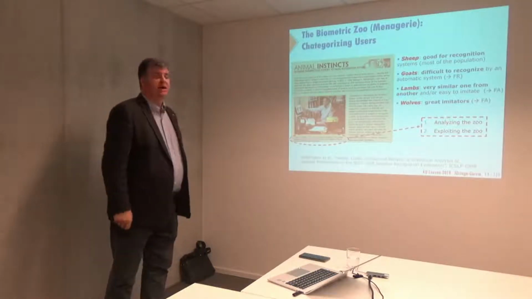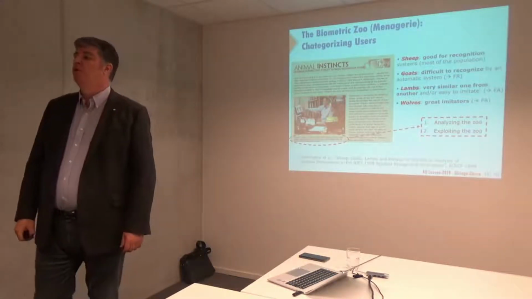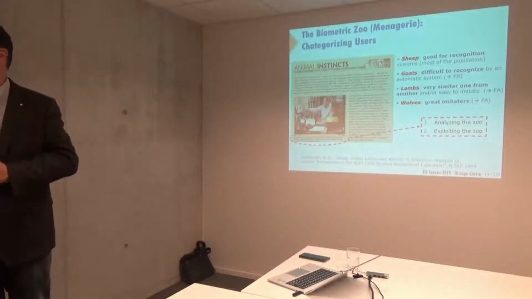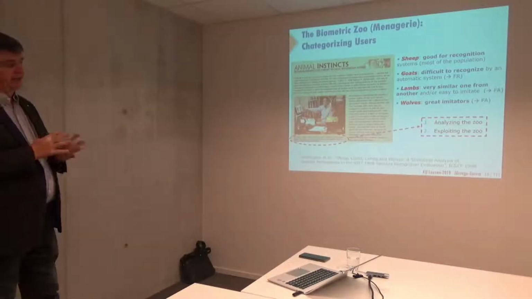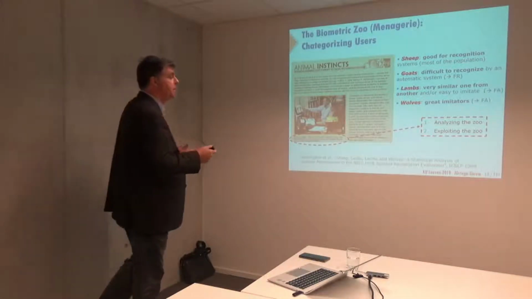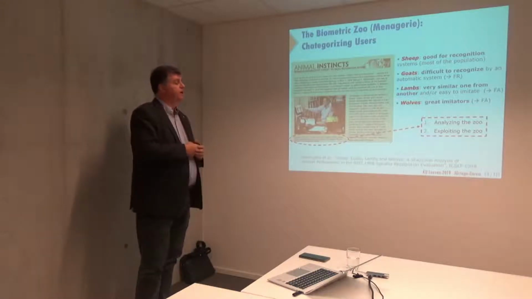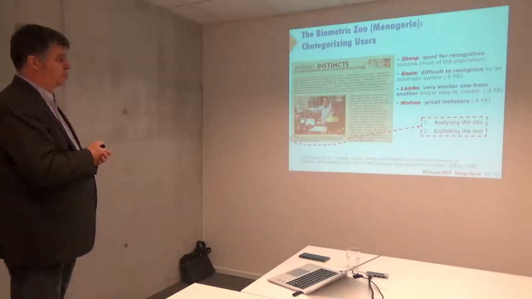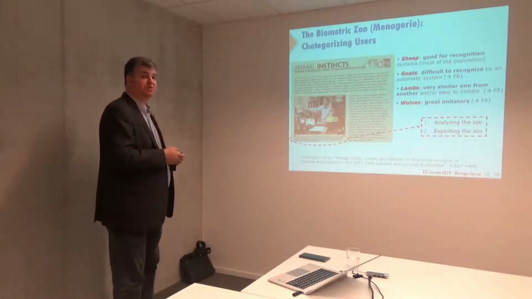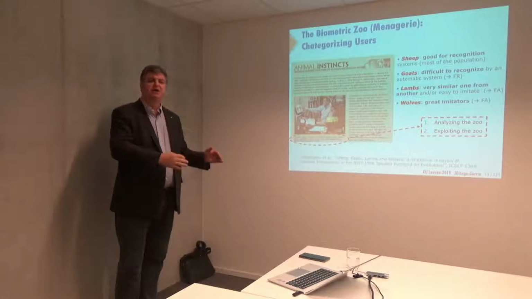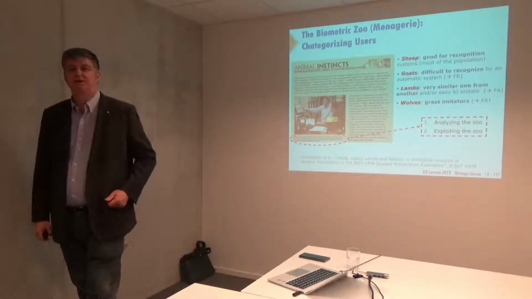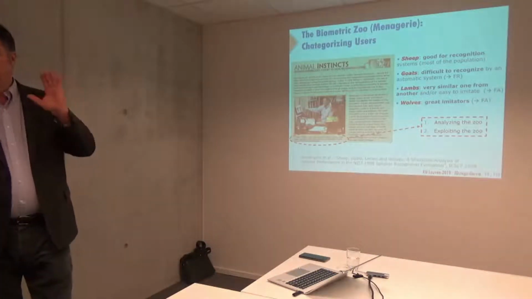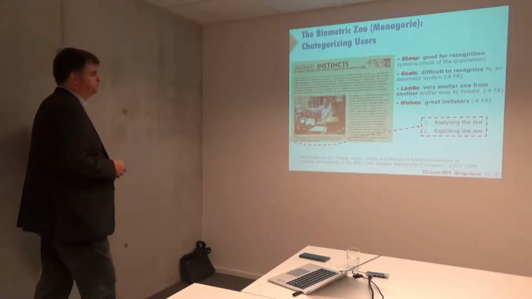Goats are difficult to recognize: people who are especially difficult to recognize in a given trait. Lambs are very similar to one another, easy to imitate, for instance. Wolves are great imitators, and so on. There is a large zoo menagerie in terms of how you categorize users.